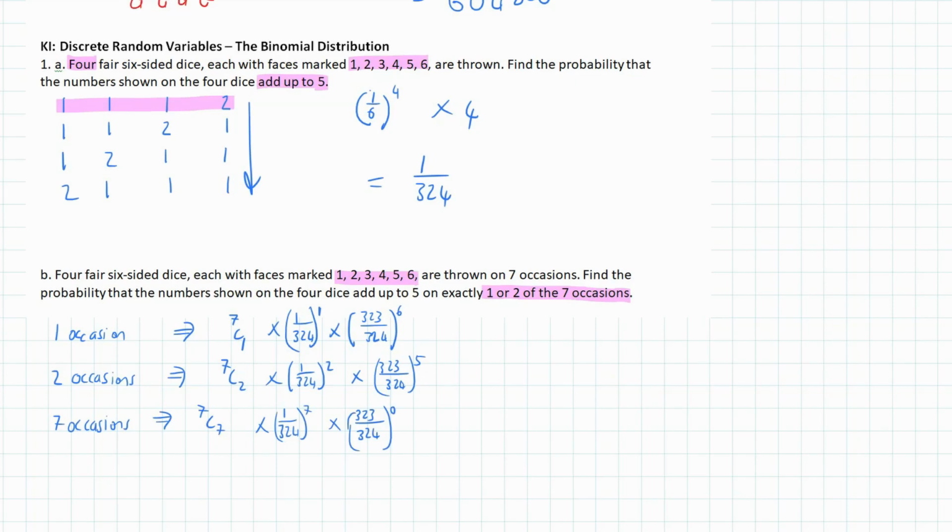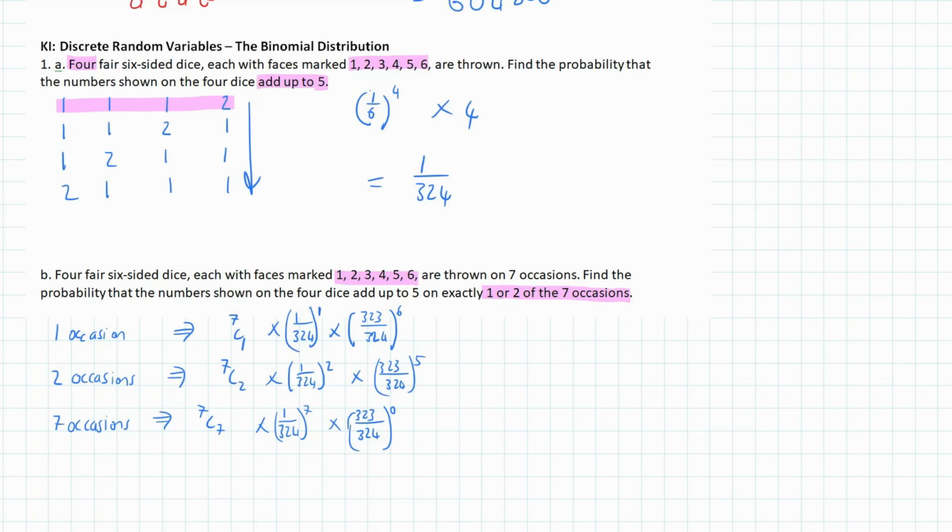Okay, now I presume you have to add all of these together. So chuck this into your calculator. 7 choose 1 times 1 over 324 times 323 over 324 should be to the power of 6, and then plus 7 choose 2 times 1 over 324 to the power of 2 times bracket 323 over 324 to the power of, what do you say, 5 here.